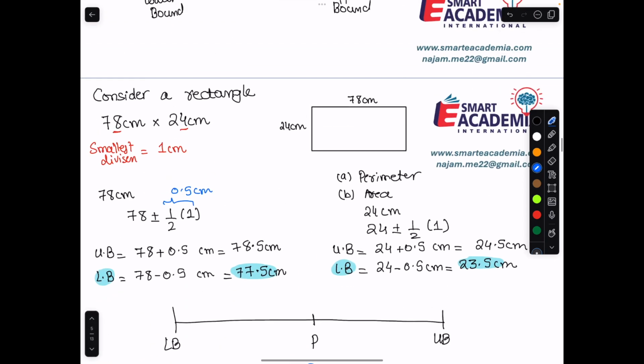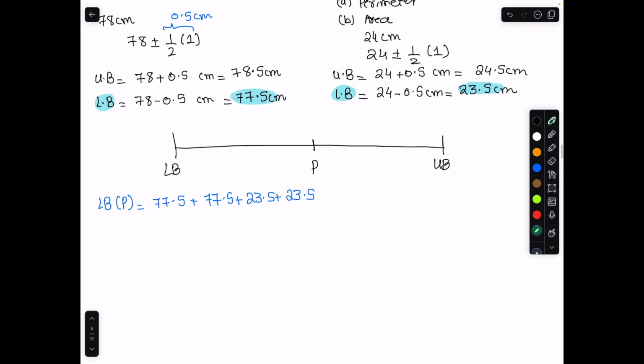We know the perimeter is the sum of all sides, so here the sides would be 78 centimeters and 24 centimeters, and the lower bound values would be 77.5, 77.5, 23.5, and 23.5 centimeters. Just adding all these lower bound values will give me the lower bound value for my perimeter.